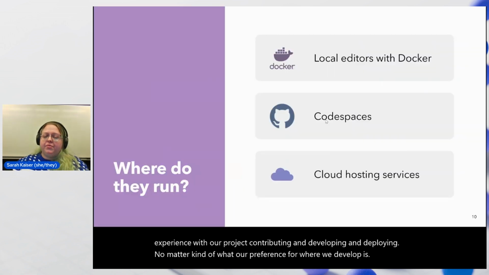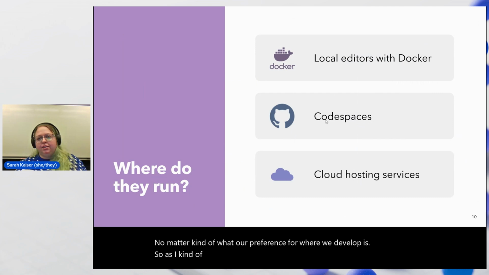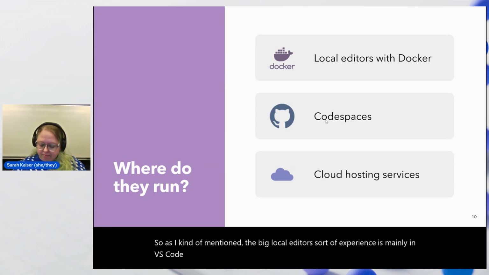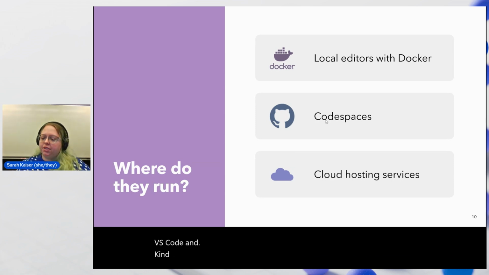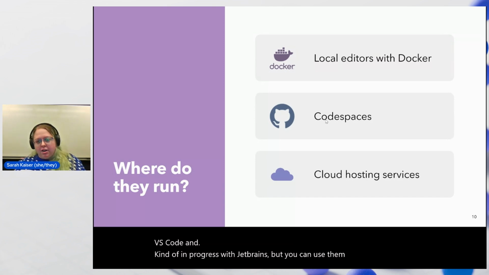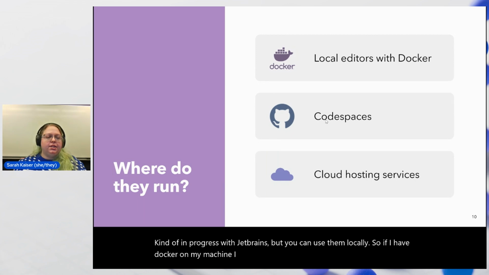As I mentioned, the big local editor experience is mainly in VS Code and in progress with JetBrains, but you can use them locally. If I have Docker on my machine, I can install the dev containers extension in VS Code.